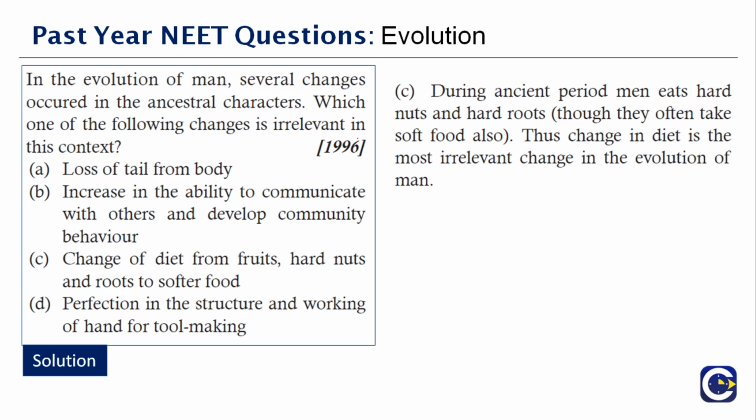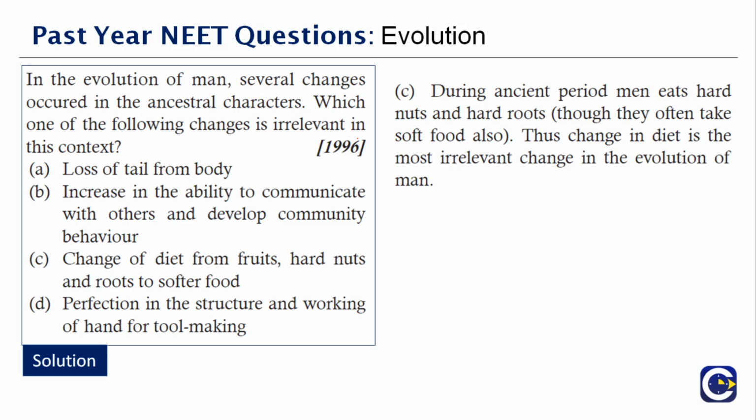We are consuming. But here the question clearly tells you that in the evolution of man, several changes occurred in the ancestral characters. Which one of the following changes is irrelevant? So the change in diet cannot be considered relevant to the evolution. There are a lot of changes made, but when we talk about evolutionary changes, that cannot be accepted because we still have teeth.